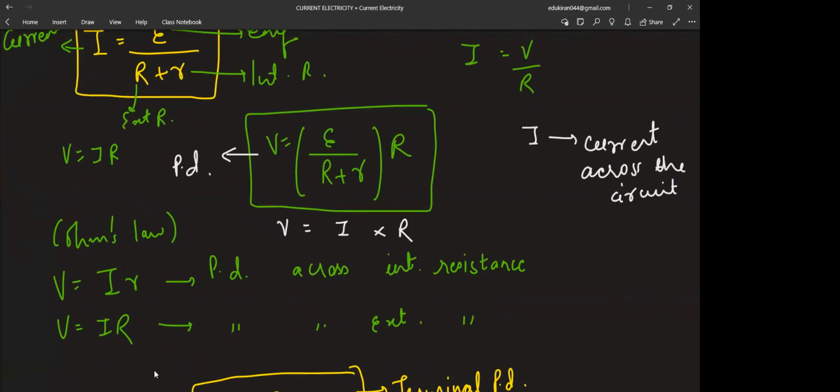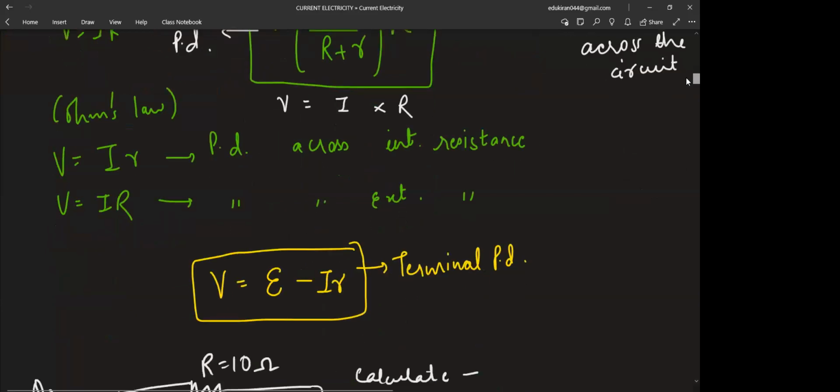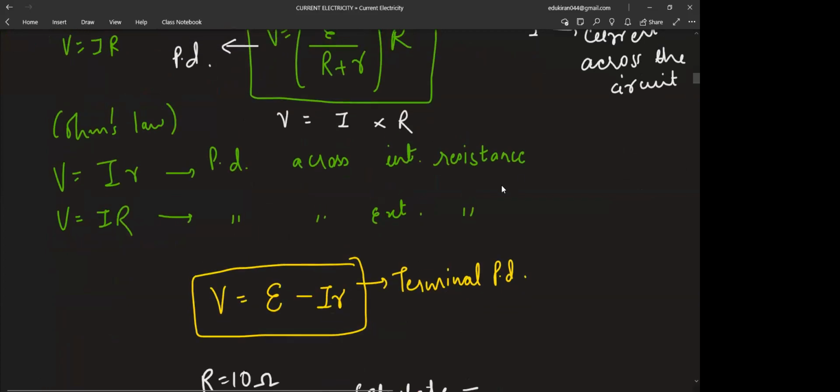If I want to get the potential difference across the external resistor, I'll get V is equal to I into capital R. So this is the potential difference across the internal resistor, and the potential difference across the external resistor. All right. Now, this is the main formula which we use.